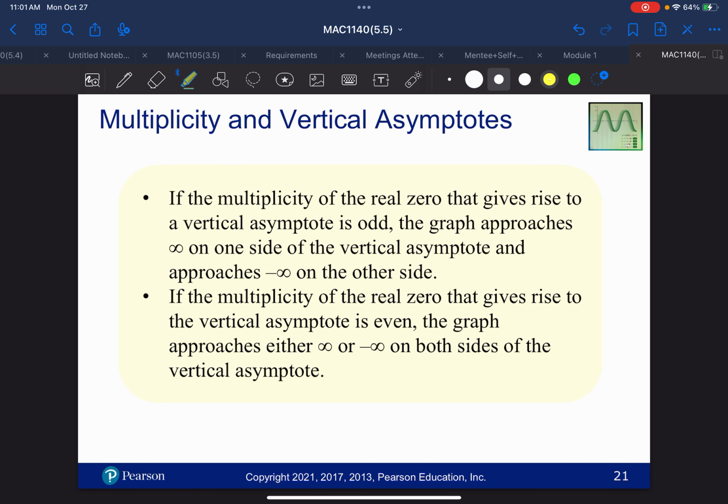So we've learned about the multiplicity of factors. If the multiplicity of a real zero that gives rise to a vertical asymptote is odd, then the graph will approach infinity on one side of the vertical asymptote and approach negative infinity on the other side.